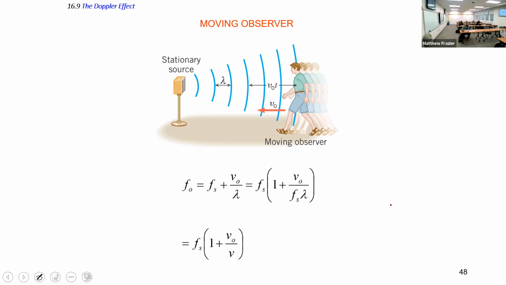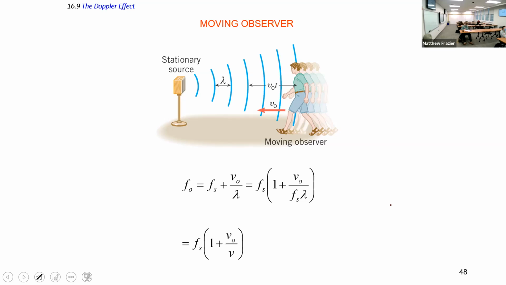then what's going on is, as the observer moves, they experience the wave fronts faster than they would if they were stationary. And so the observed frequency looks like the source frequency plus a correction term because they're moving faster.